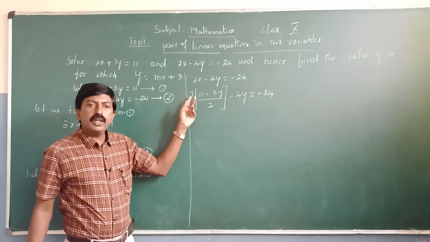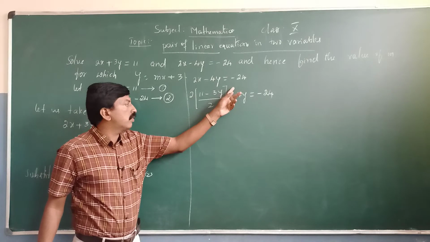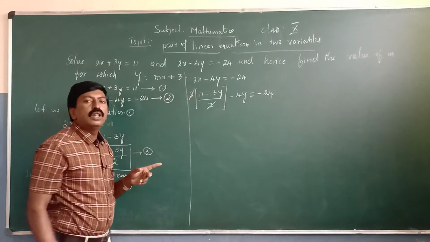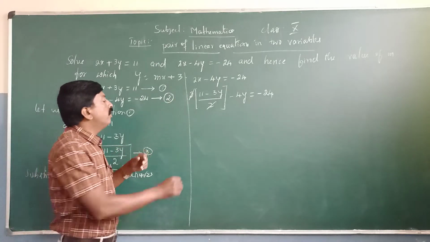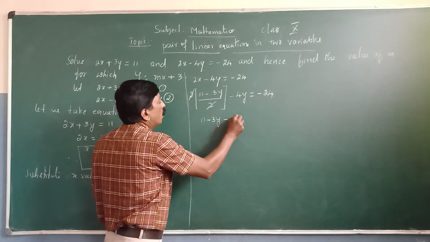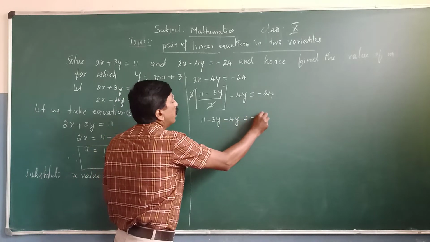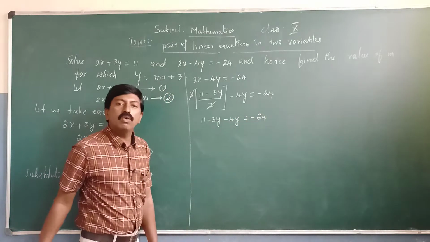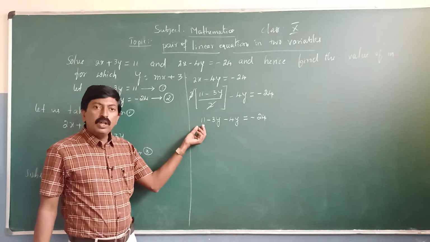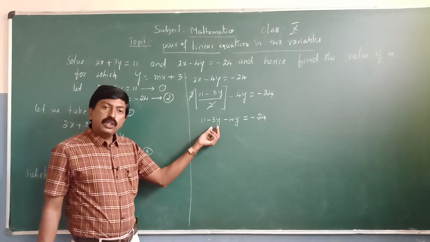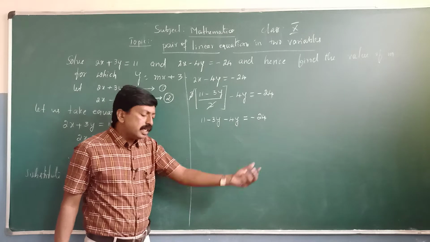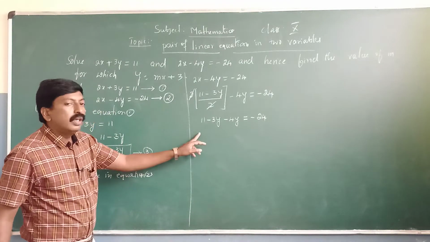In the numerator there is 2 times that, divided by 2. The 2s are cancelled. Now remaining is 11 minus 3y minus 4y is equal to minus 24.